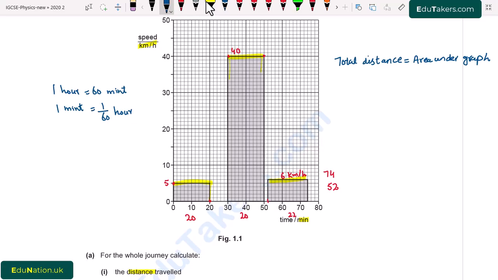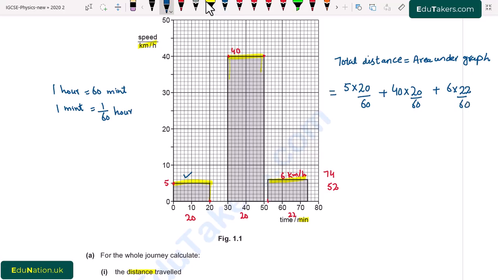So when I calculate the area of this, I just multiply 5 multiply the time here is 20 and then I divide it by 60. Here time comes to be in hour plus for second the speed is 40 multiply by time is again 20 minutes, 20 divided by 60 plus for the third rectangle speed is 6 multiply by time is 22 divided by 60.